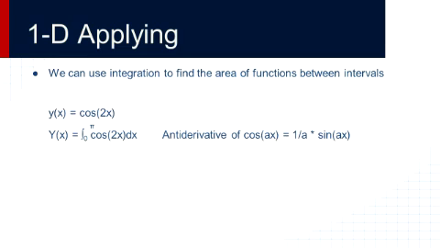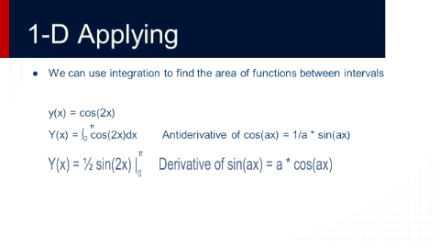And let's make note that the antiderivative of cosine ax is equal to 1 over a times sine of a times x. And then after taking the antiderivative of that, we would end up getting big Y of x is equal to 1/2 sine of 2x. Of course, we cannot forget from 0 to pi, which is the interval that we're choosing.